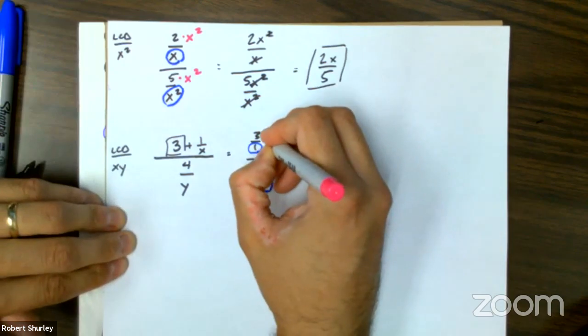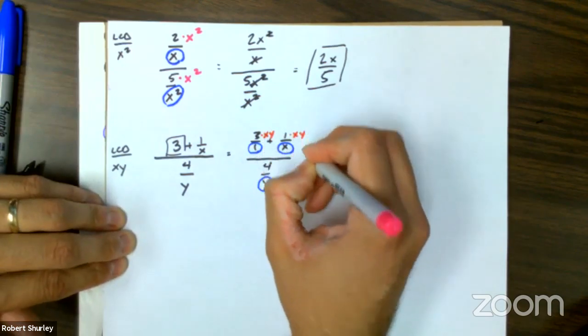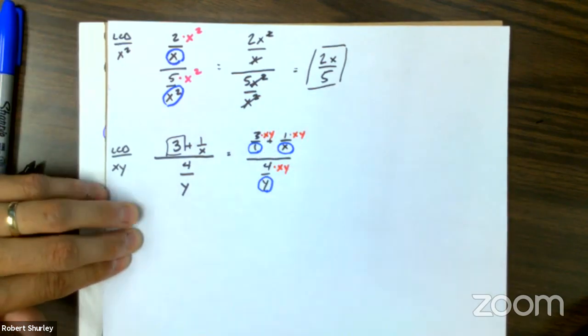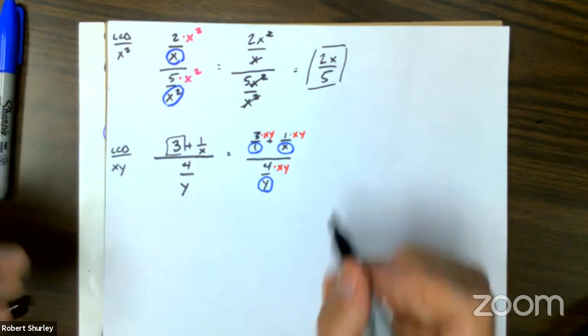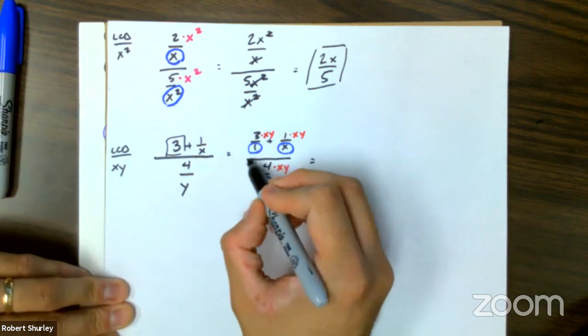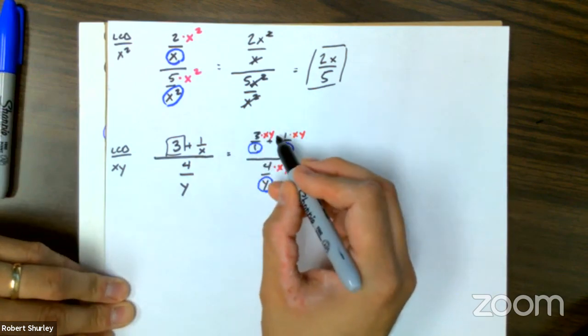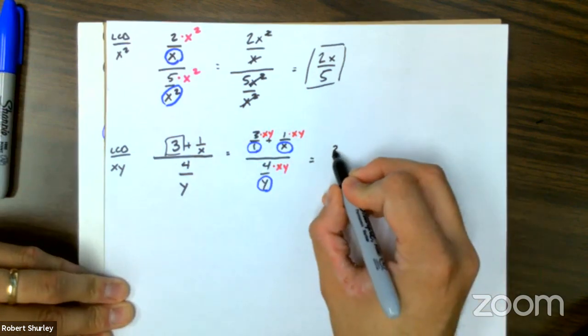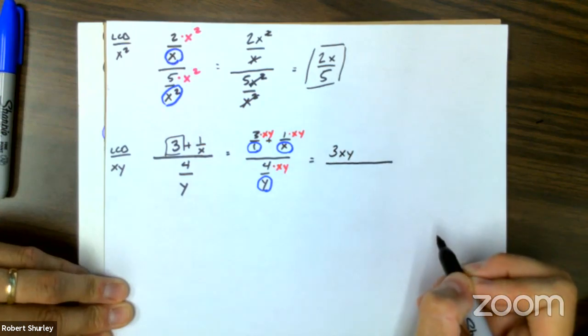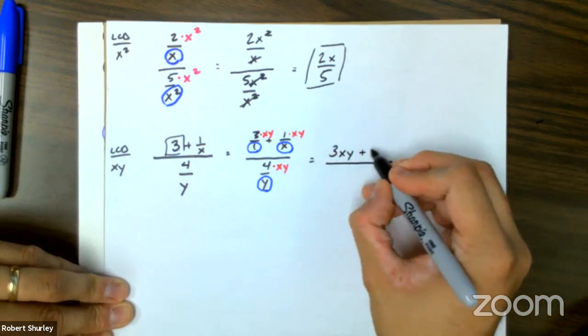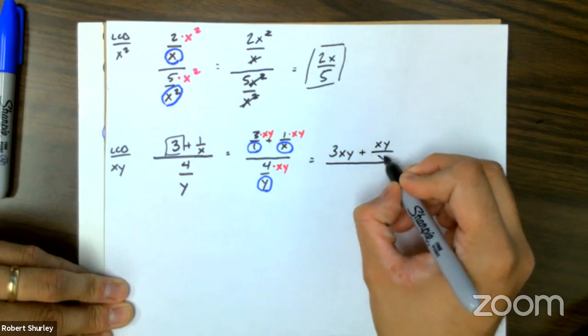So I'm going to multiply xy to each one of these, okay, to each numerator. This first fraction, yeah, it's going to be 3xy divided by 1. That's just 3xy, okay? The next fraction is going to be xy over x.